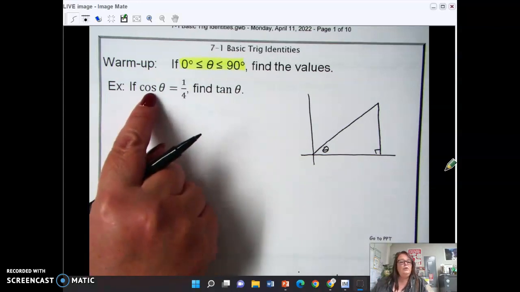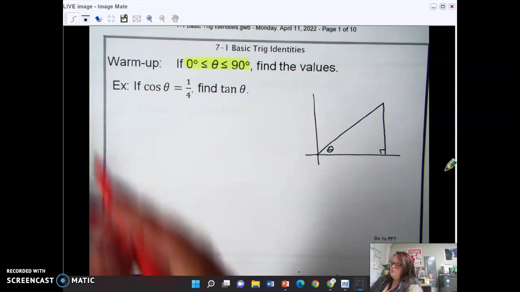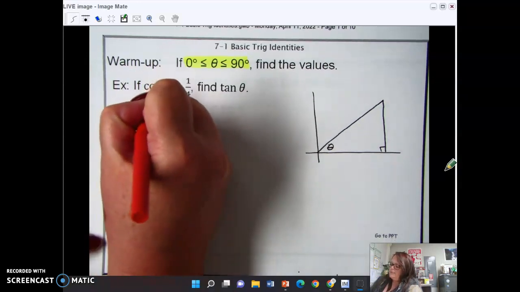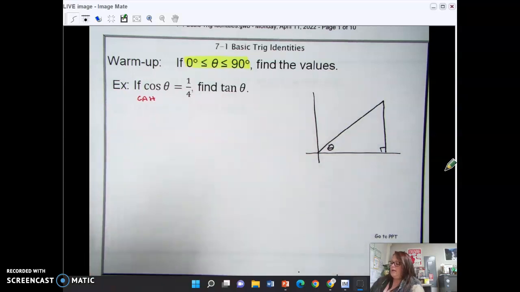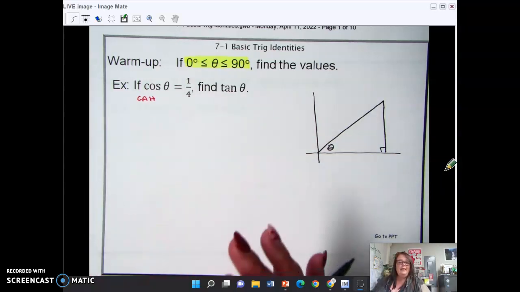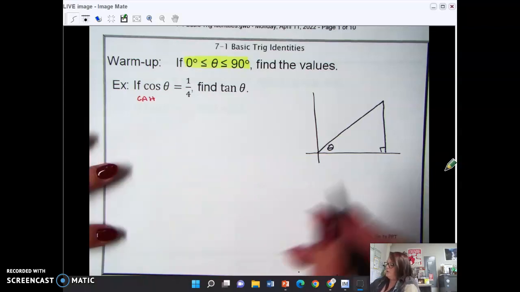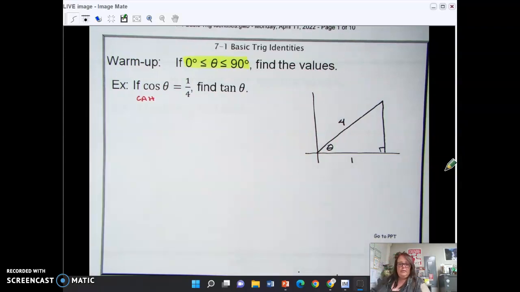So then they tell us that cosine of theta is equal to 1/4. So if we remember from SOHCAHTOA, cosine is the CA value. So that means my adjacent is 1 and my hypotenuse is 4, or we could say my x value is 1 and my r value is 4. So that puts 1 here and it puts 4 here.